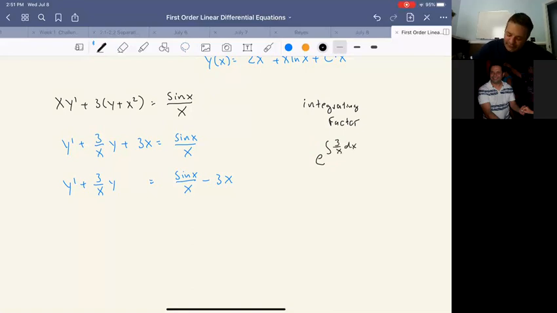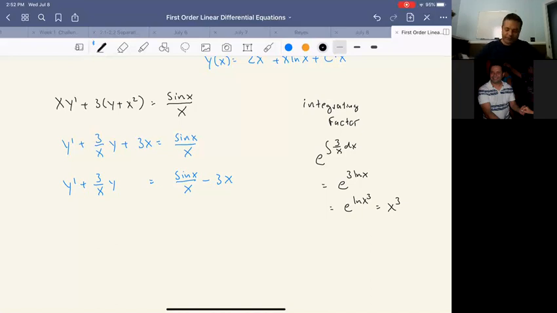So that's going to be e to the 3 natural log of x. Not worried about the constants here. That is equal to e to the natural log of x cubed, which is simply x cubed. So x cubed is what I'm going to multiply on both sides of this equation.